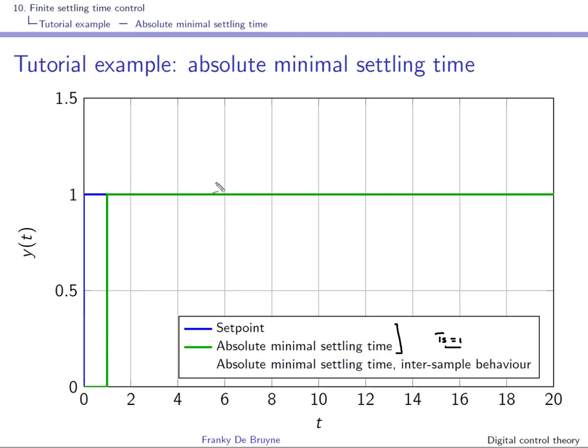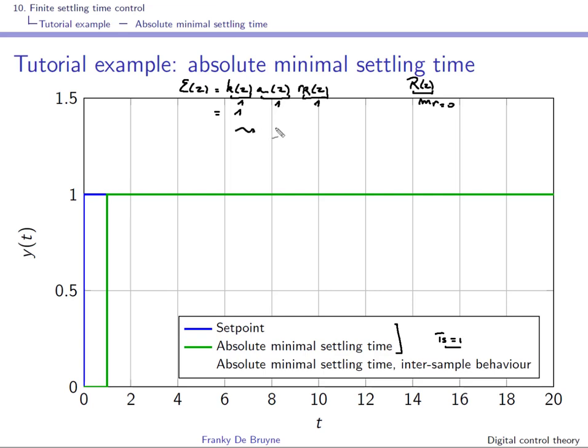This might come as a surprise, but remember that epsilon z is K z A minus z, and then this polynomial that you have in the z transform of the reference signal. So here we have MR is equal to 0, so this one will be 1. In our case here A minus is 1, and we have chosen the absolute minimal settling time, so this one is 1 also. So it means that epsilon z is equal to 1.